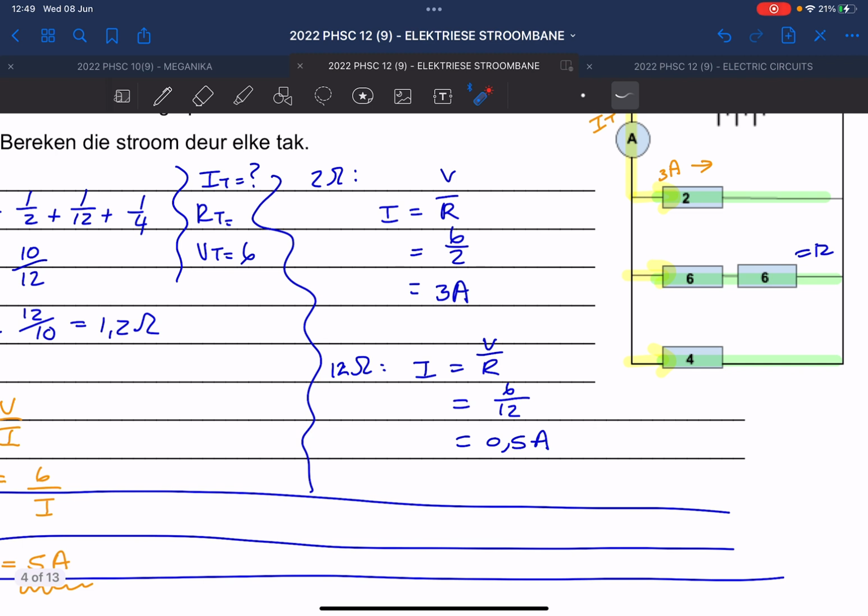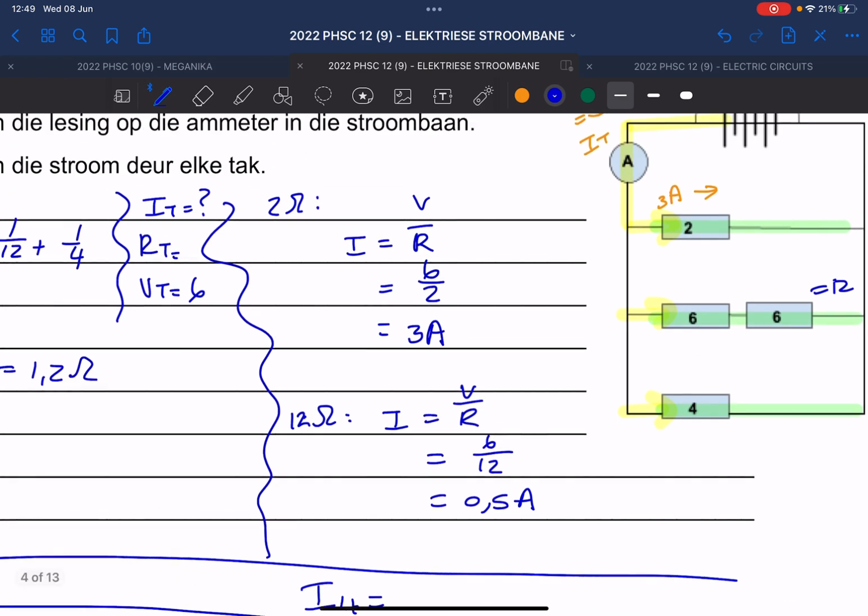And then kan Anela, without doing a calculation like this, what is the current through the 4 ohm? How do you get to 1.5? Yeah.